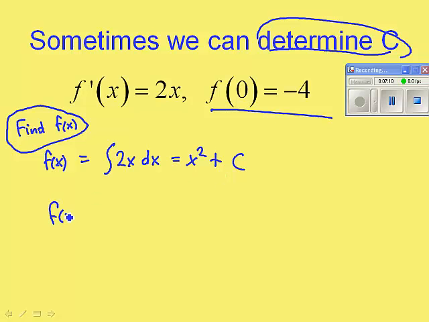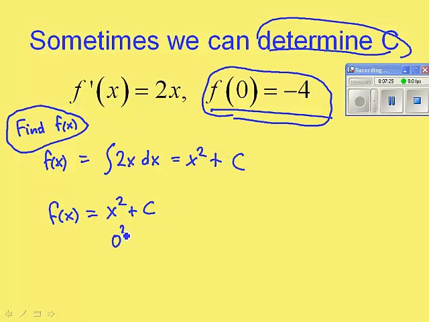And so here's what Alex said. He said, well, look, we know that f of 0 is -4, right? So I'm thinking what you did is you put the 0 in for the x. And then this is f of 0 then, right?